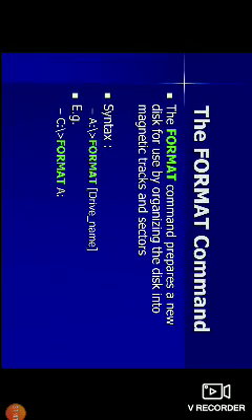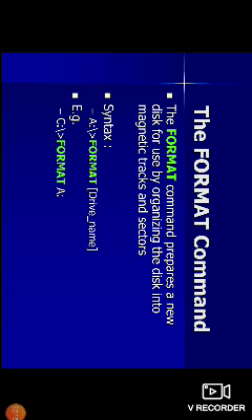So next one is the format command. The format command prepares a new disk for use by organizing the disk into magnetic tracks and sectors. So here the format command is used to clear the contents of the disk and divide the disk into tracks and sectors. So here is the syntax: a colon slash greater than format space drive name.